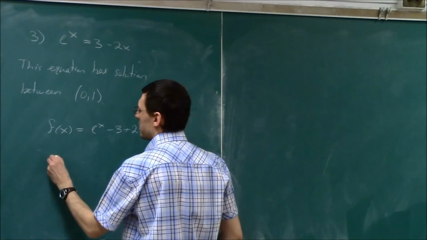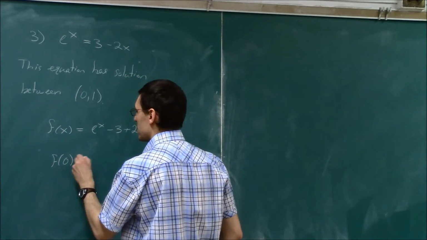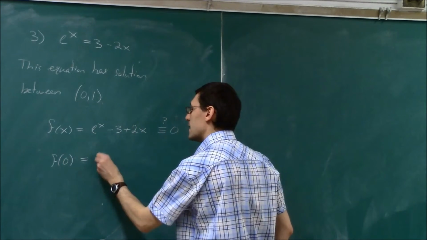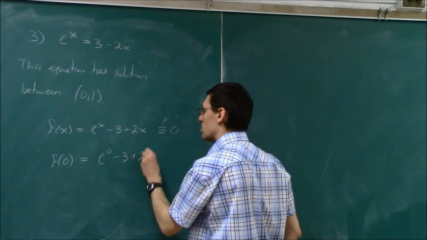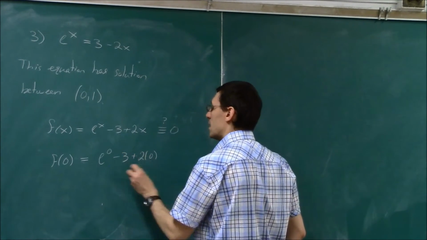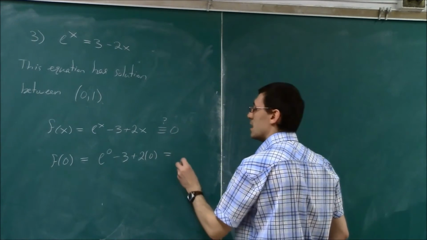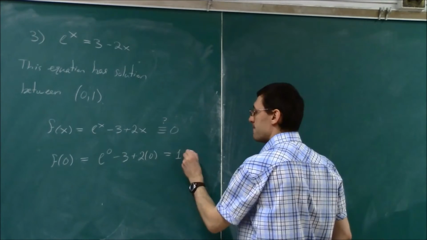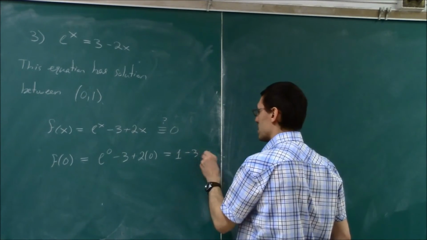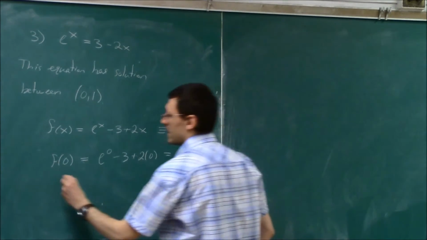So we can try, first of all, selecting f of 0 and see what we get. So we get e to the power of 0 minus 3 plus 2 times 0. Now e to the power of 0 is simply 1. So that is 1 minus 3, which is clearly less than 0.